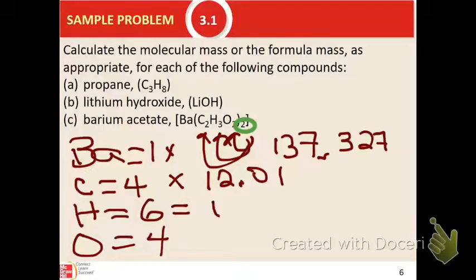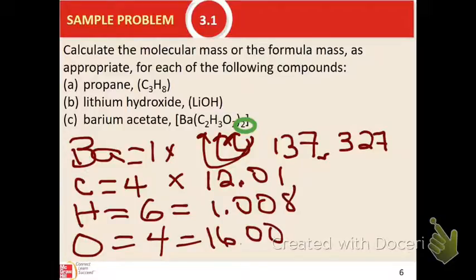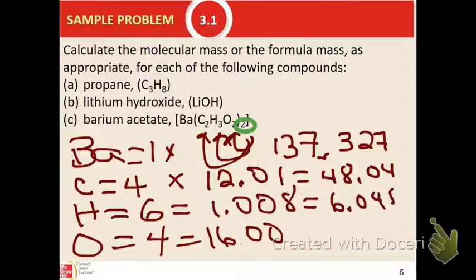Each hydrogen is 1.008, and each oxygen is 16.00. Then you're going to multiply those out. That 137 stays there. 4 times 12.01 is 48.04. 6 times 1.008 is 6.048. And then 4 times 16 is 64.